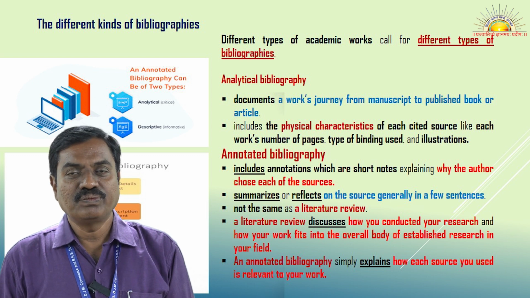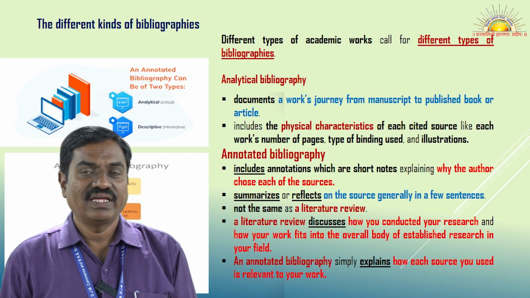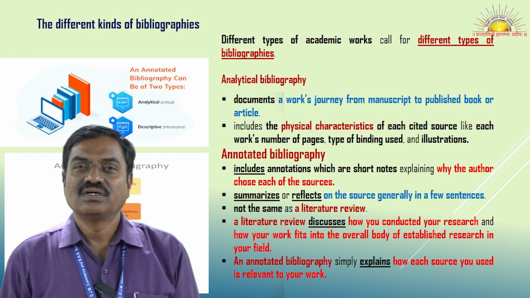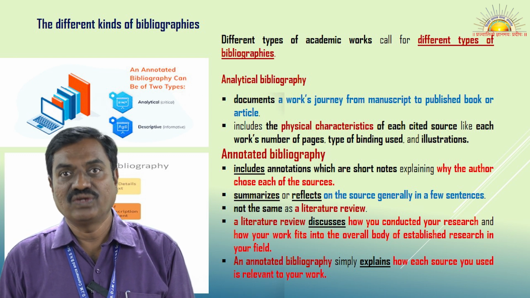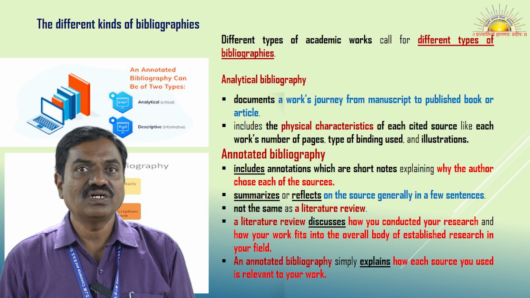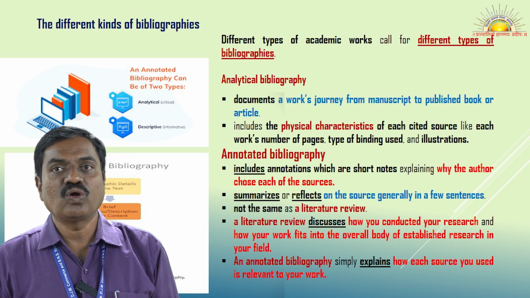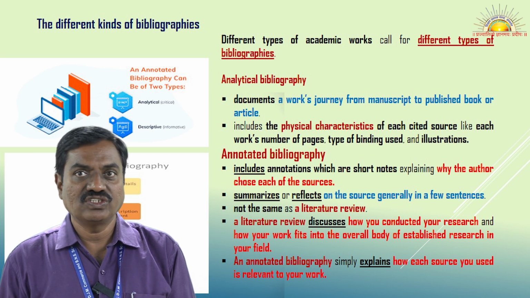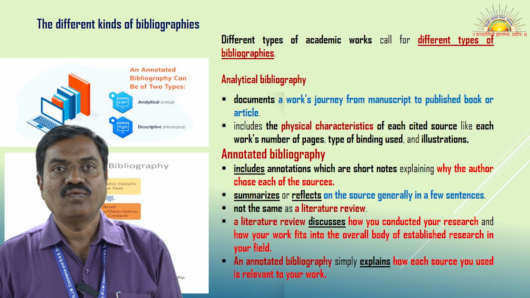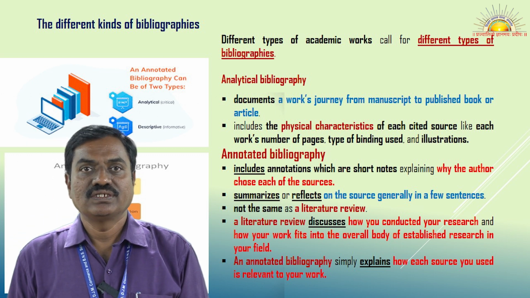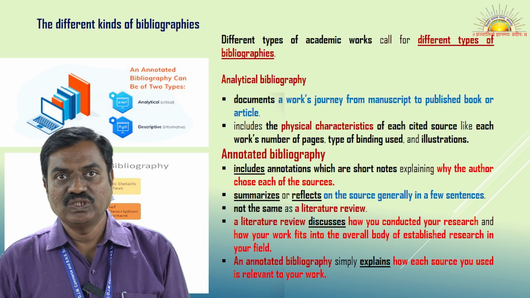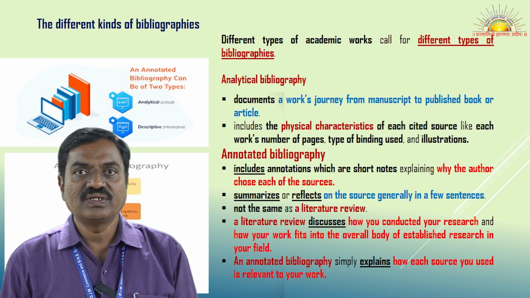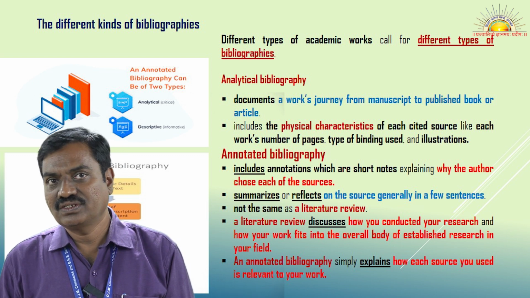An annotated bibliography is not the same as a literature review. A literature review discusses how you conducted your research and how your work fits into the overall body of established research in your field, while an annotated bibliography simply explains how each source you used is relevant to your research work.